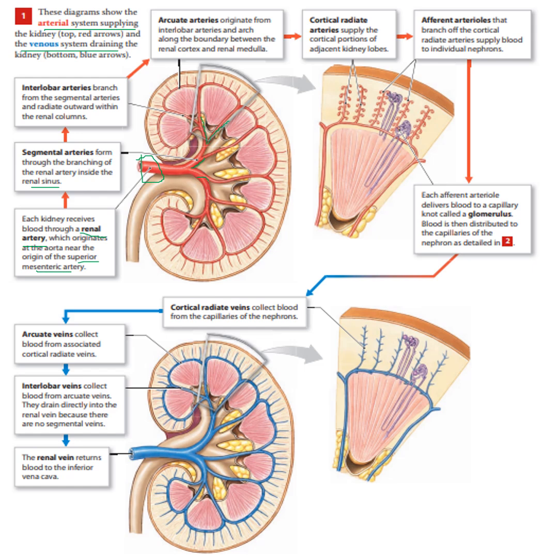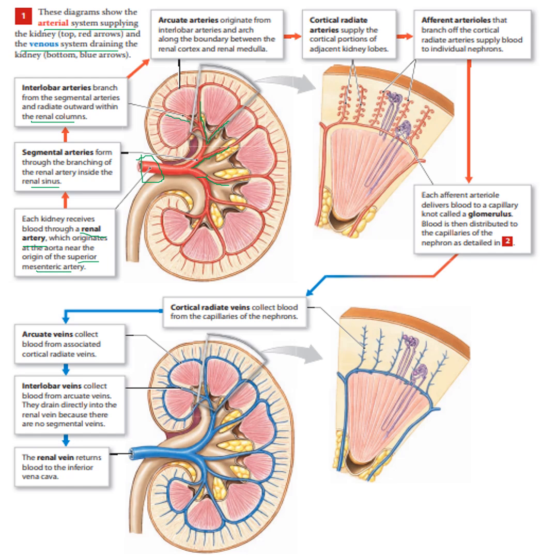These are the interlobar arteries. Interlobar arteries branch from the segmental arteries and radiate outward within the renal columns, as you can see, moving inward inside the renal columns.